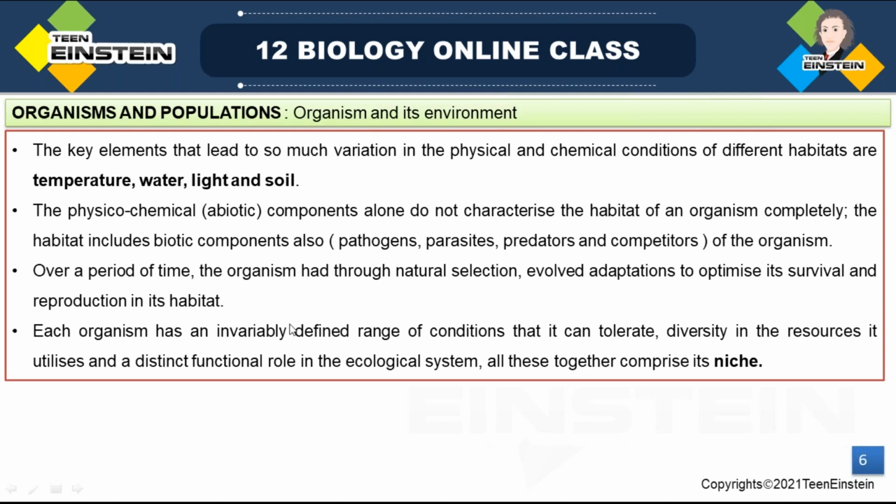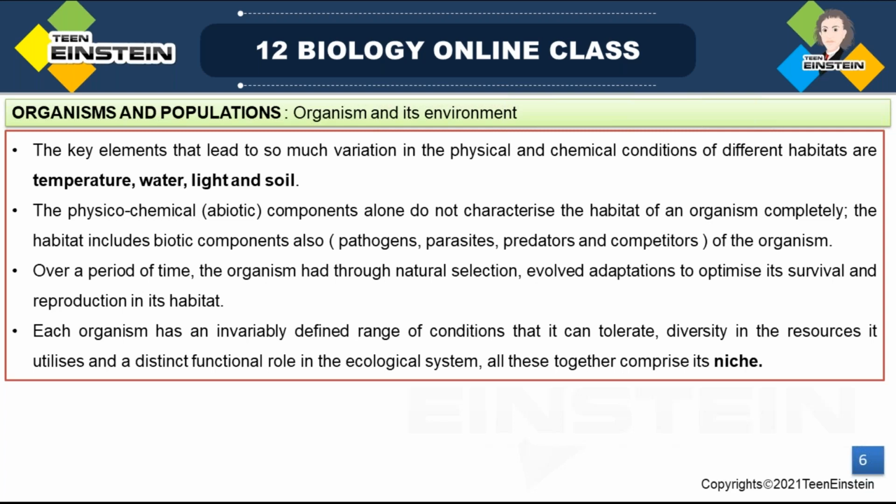See, over a period of time, the organism, through natural selection, evolved adaptations to optimize its survival and reproduction in this habitat. When an organism is living in one condition, abiotic and biotic components are both involved in variations. Through natural selection, they get adapted. Only the adapted ones will survive and the remaining will die, right?